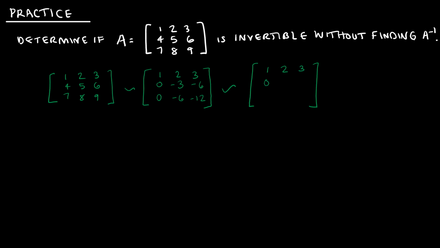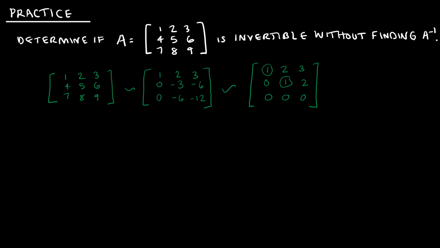I'm going to take my second row times -1/3, and that's going to give me 1 and 2, so I've got my pivot here and pivot here. And when I take my second row times -2 to add to -3, I end up with zeros here.